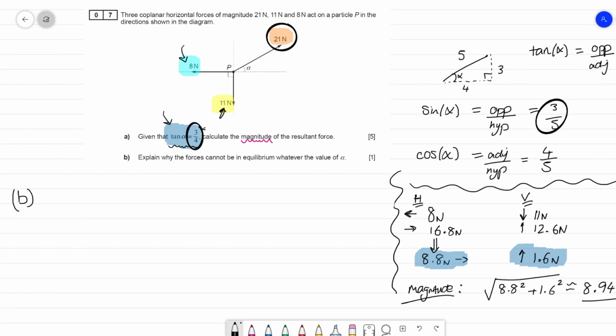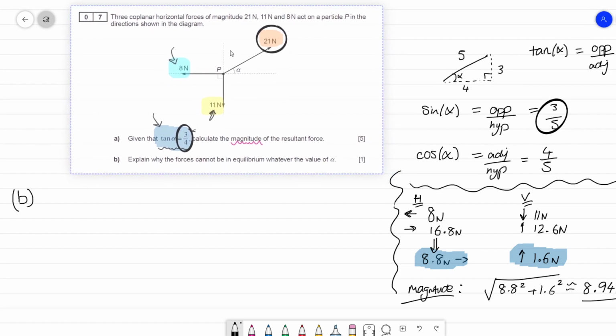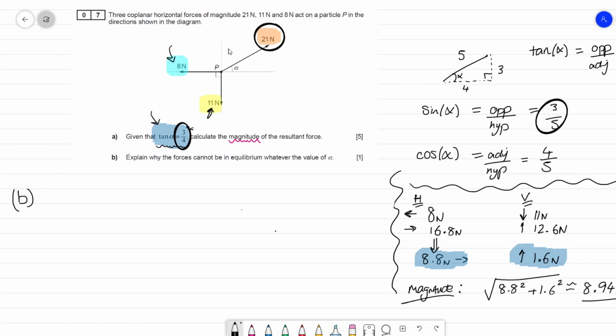Okay, so for part B, there are a few ways of doing it. I think the easiest way is to consider the angle. We'll consider what angle it would need to have to cancel out the 8 newtons exactly, and then the same with the 11. So for horizontal equilibrium, we'd have the 8 newtons this way, and 21 cos alpha that way.